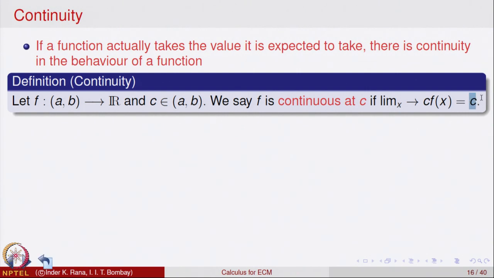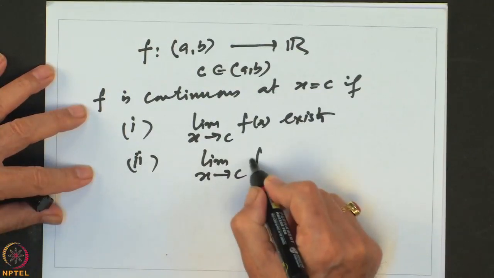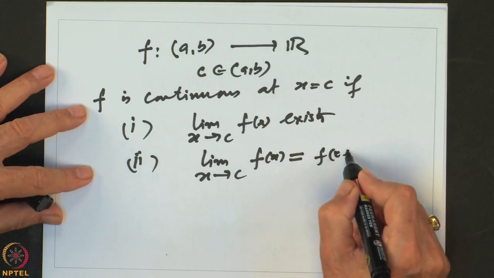Let me write this definition very clearly, because it is a definition. What is continuity? f is a function defined on an interval a b to r, and c is a point in a b. We say f is continuous at x is equal to c if, first, the limit as x goes to c of f of x exists, and second, this limit should be equal to the value of the function, that is f of c.